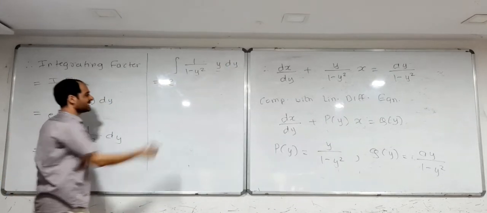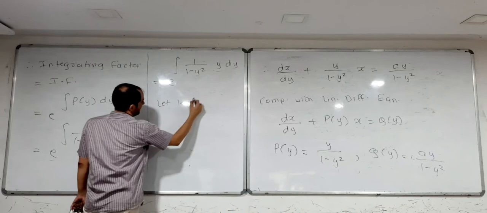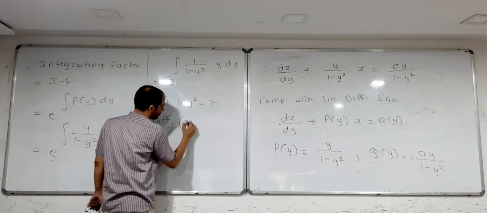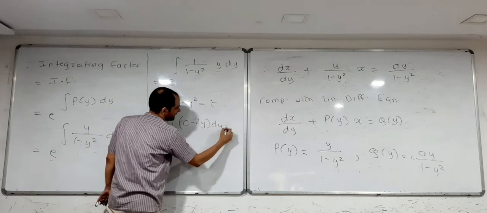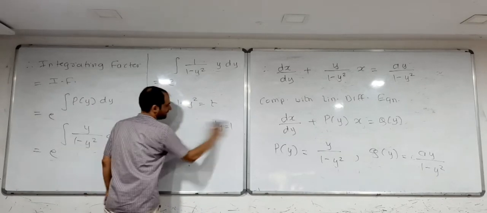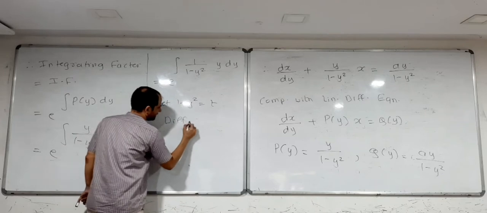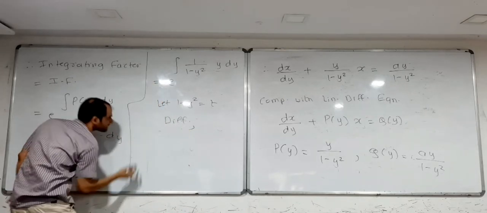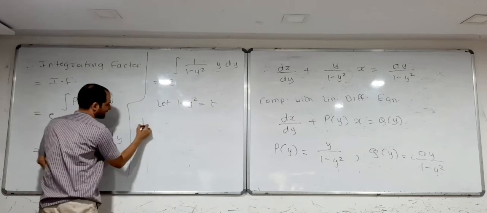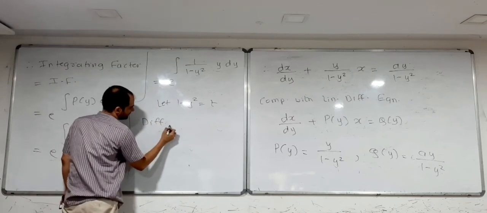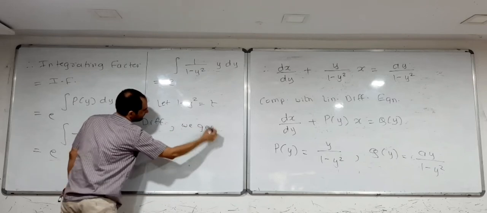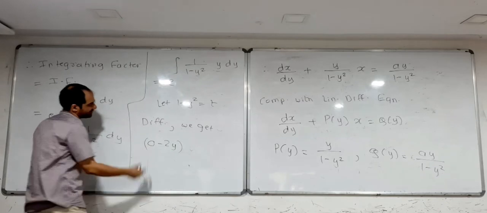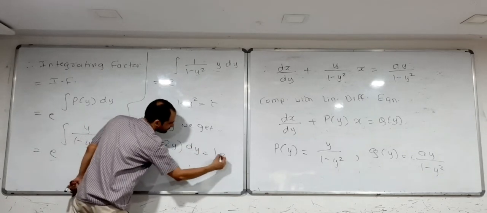Let 1 minus y square be t. Differentiating, the derivative of 1 is 0, so 0 minus 2y dy is dt. Differentiating is a nice question, there are chances of making mistakes. The derivative of 1, a constant, is 0, so minus 2y dy is 1 dt.